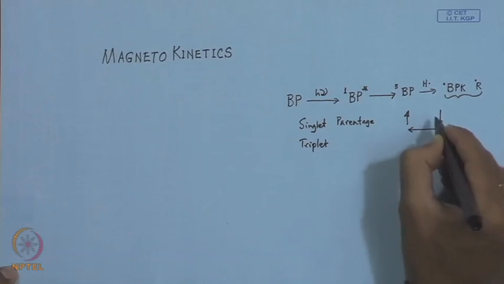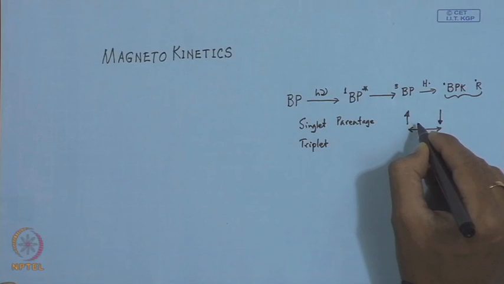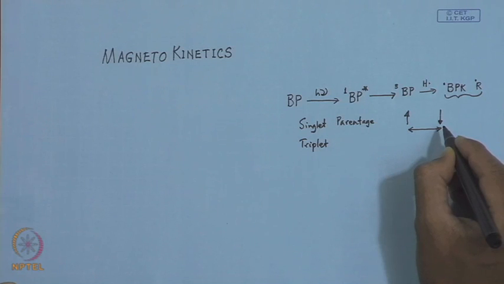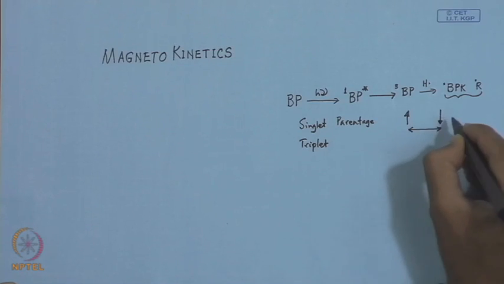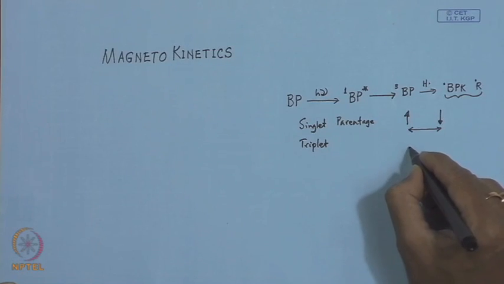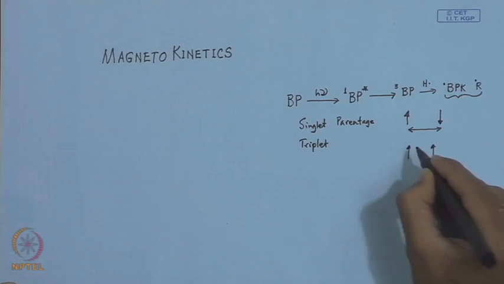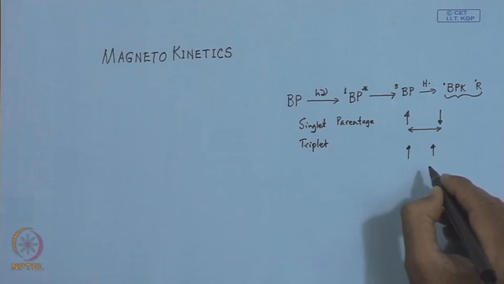When these two spins come to a bonding distance, they will tend to form a bond. The triplet one can have parallel spins, and it is threefold degenerate. I will come to that later.